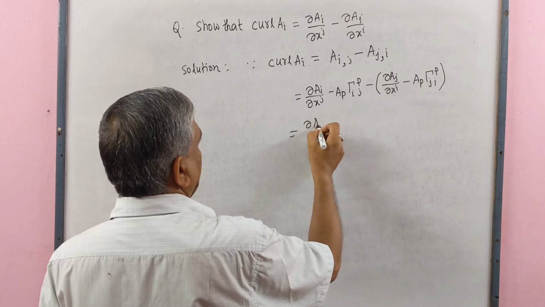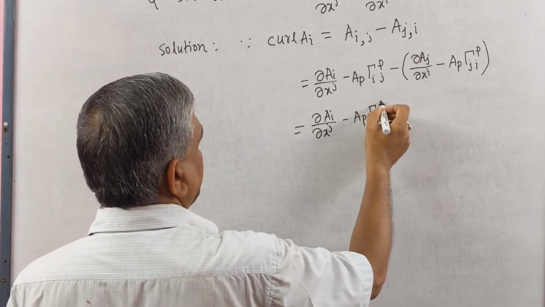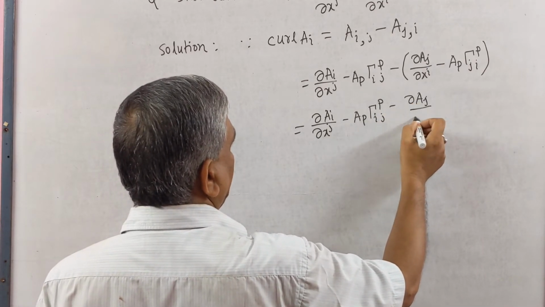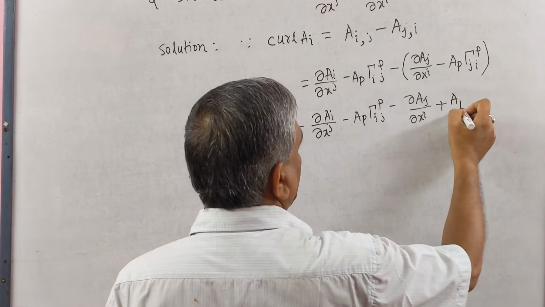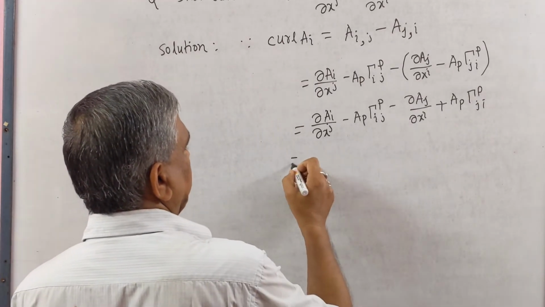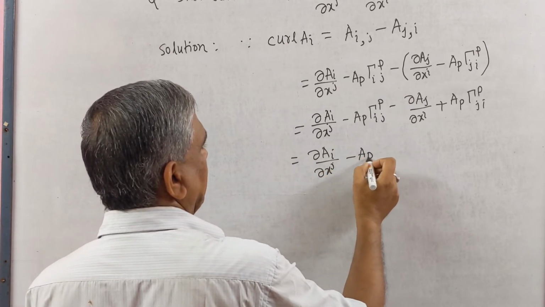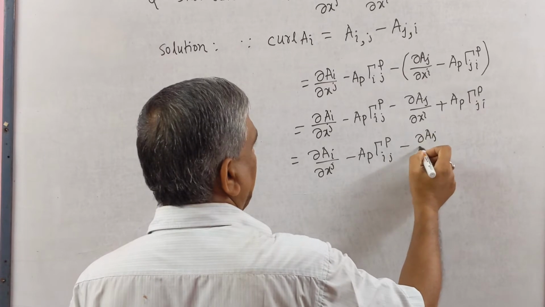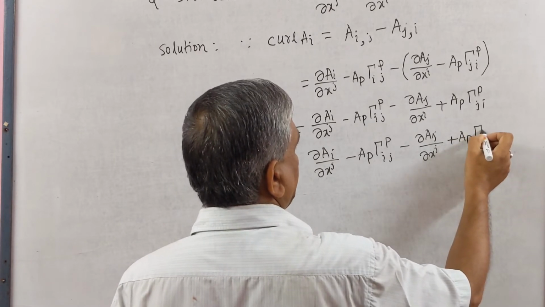Equal to del Ai by del xj minus Ap Christoffel symbol of second kind, minus del Aj by del xi plus Ap Christoffel symbol of second kind.